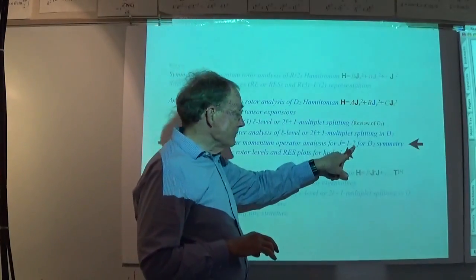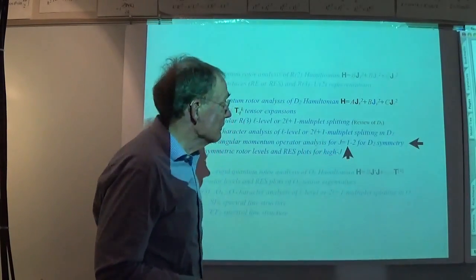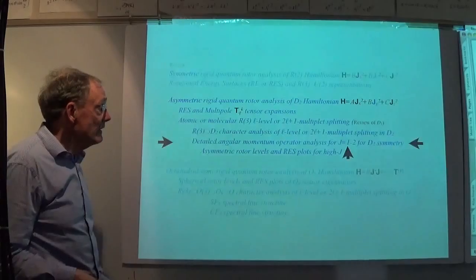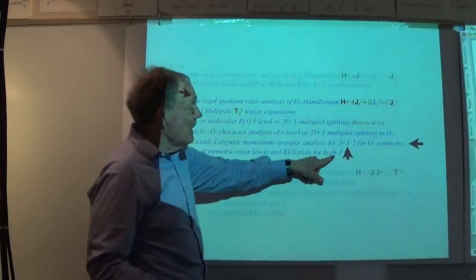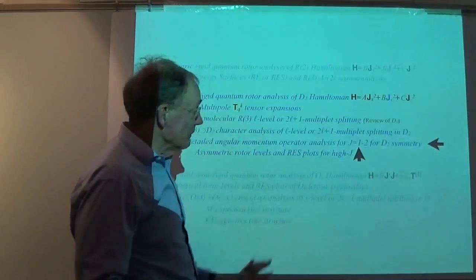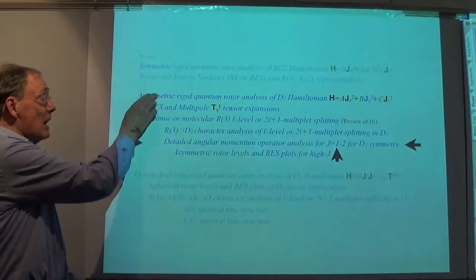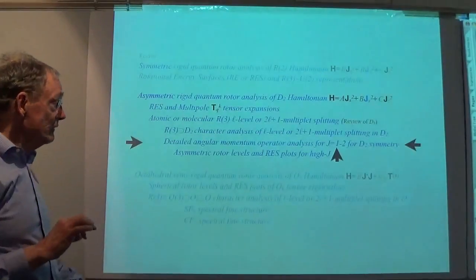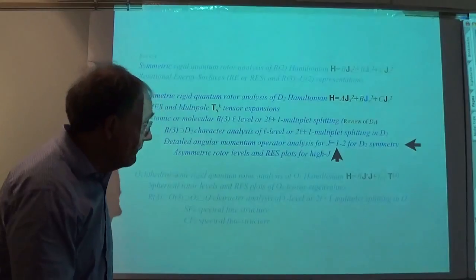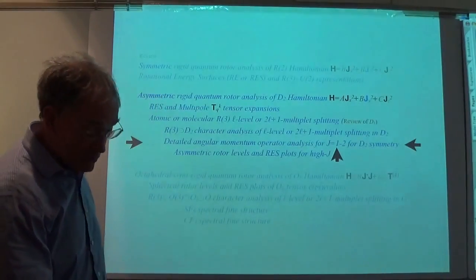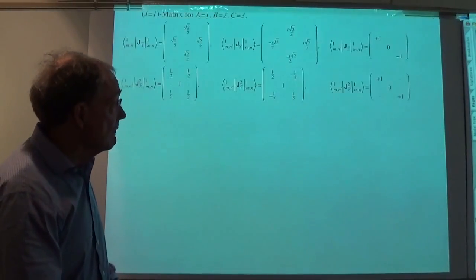We'll look at J equal 2 and look at a pretty good picture of what they are. Then we'll consider high J using the rotational energy surface plots. So we're going to take the asymmetric top pretty seriously for a little while here, and that will set the stage for doing it with these big molecules.